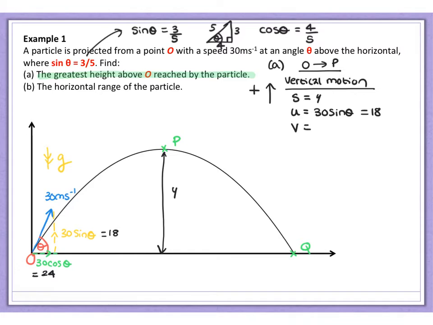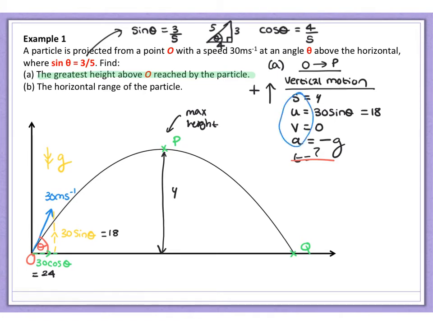Now, at P, we know that the vertical velocity is equal to 0 because P, of course, is at the maximum height. So V equals 0. A equals negative g because a is downwards and we've picked up as the positive direction. And t is a question mark. We don't know what t is equal to. But it is y that I need to calculate, or s that I need to calculate.